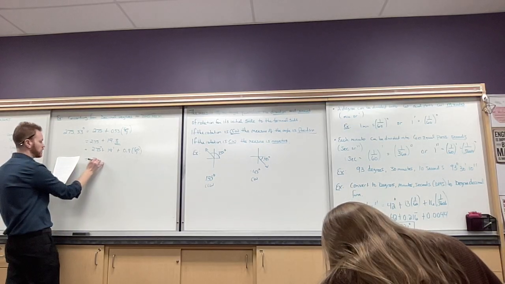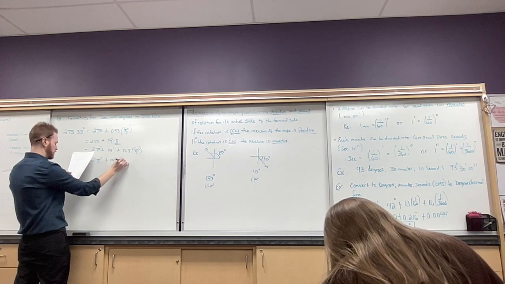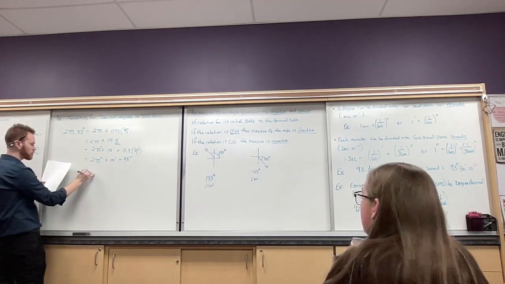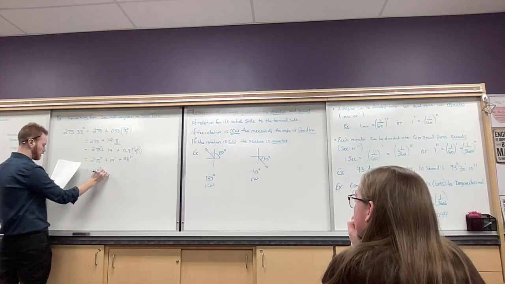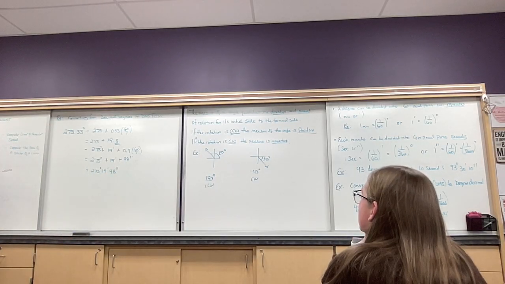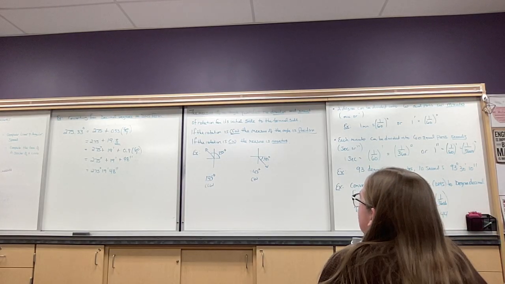So we get 275 degrees, the 19 minutes, and this becomes 48 when you multiply. So your final answer, we'll write them all together without the plus signs: 275 degrees, 19 minutes, and 48 seconds. That's what that decimal value would convert to.